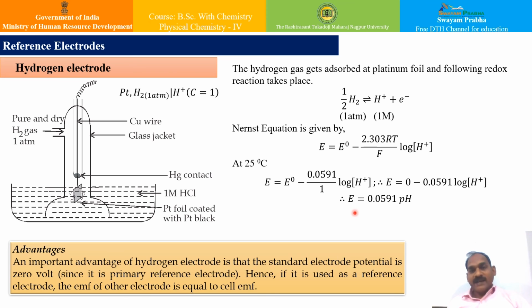Also, the pressure of the gas bubbled through this glass assembly should be exactly 1 atmosphere, which is another difficult task to maintain. So number one, it is difficult to handle such a delicate assembly; number two, to get dry and 100% pure hydrogen gas; and number three, to maintain 1 atmospheric pressure.